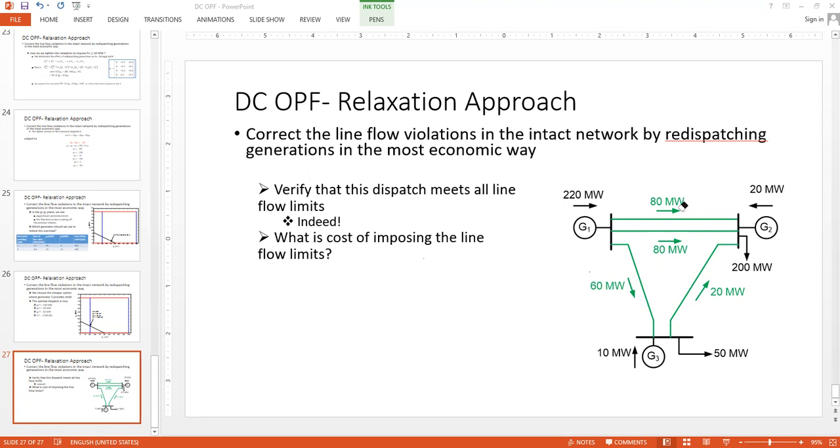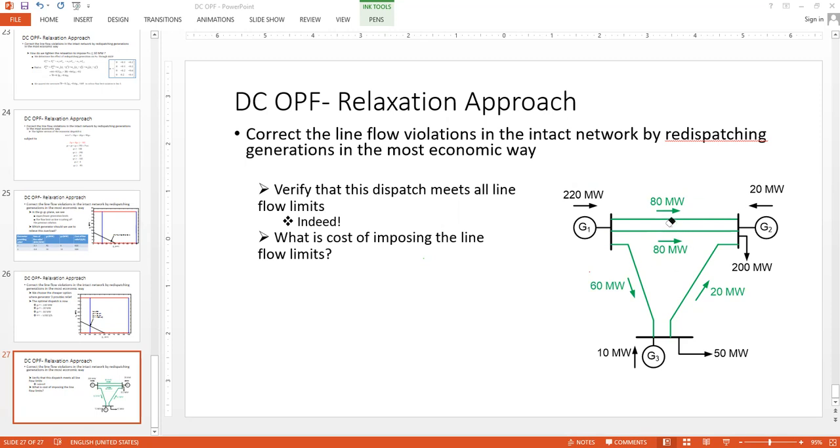And then, of course, we have to keep checking the line flow limit violations in a continuous manner. However, in this example, with one step of redispatching of the generating units, we have corrected all the line flow limit violations.